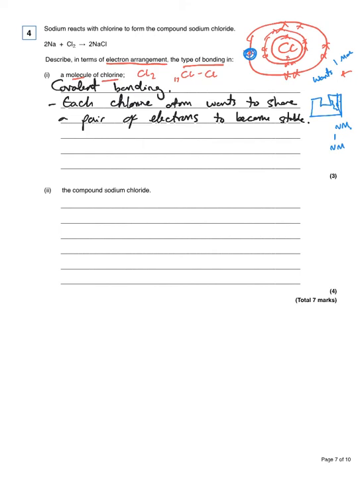The best way to represent this is using a diagram. We only need to do the outside ring. So chlorine with its outside ring, dot and cross diagram, bonded to another chlorine, share that pair of electrons, and this is how the bonding looks in chlorine.